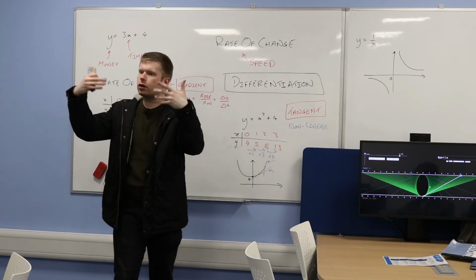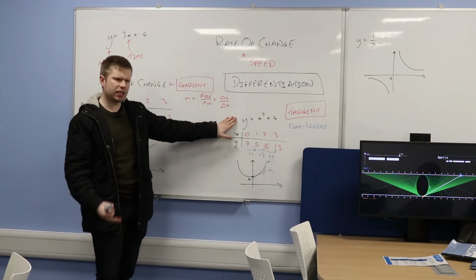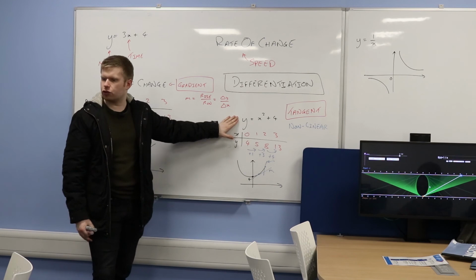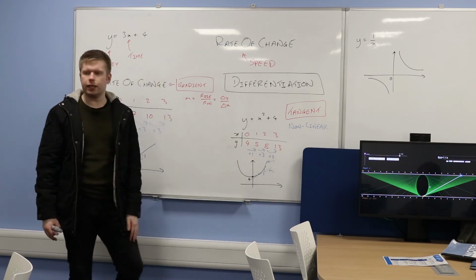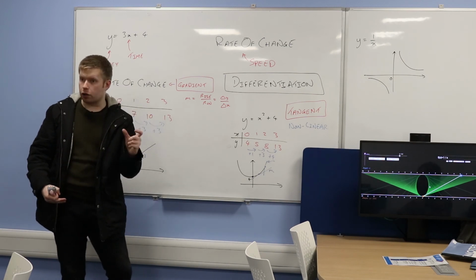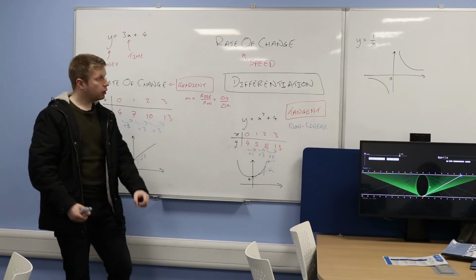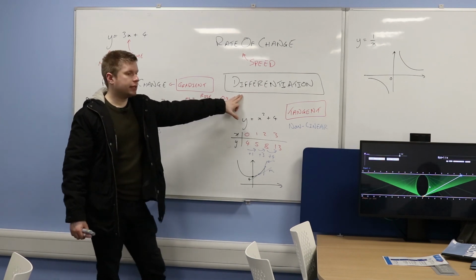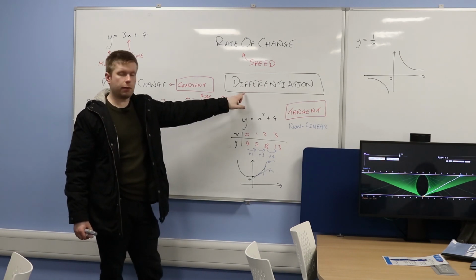So I need a more elegant way of describing rate of change. Because I still haven't answered the question, what is my rate of change? I know it's different at different points, but I want a more concrete way of actually working out how much it's changing by. Okay? So therefore, I need to look at this idea of differentiation. Does that make sense? Yes.